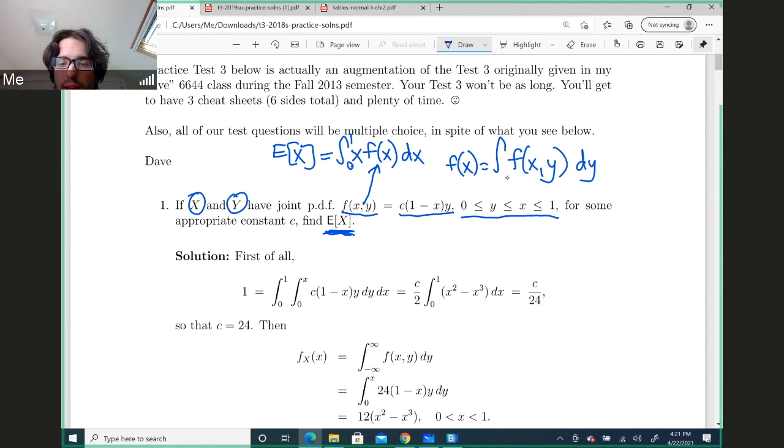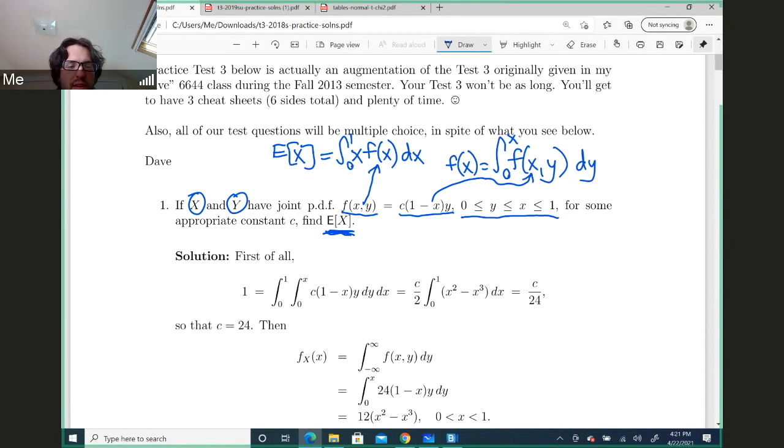However, because y actually depends on x, so y has to be between 0 and x, that means our integration bounds will be from 0 to x. So we know we could plug this in here, but there's still a problem, and that is we still don't know what this constant c is. So before we can actually do this integral to get this, so we can plug it in here, we have to figure out what this constant c is.